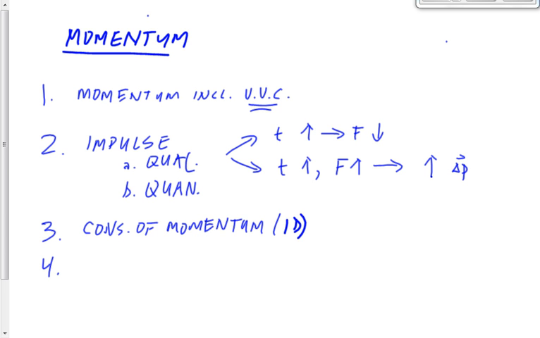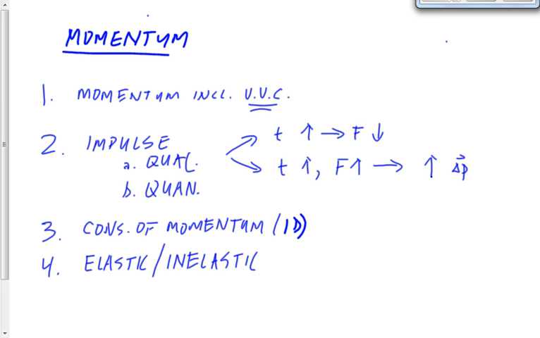Be able to solve conservation of momentum problems using P_i equals P_f in 1 dimension. Then we did elastic and inelastic collisions. Just remember that an elastic collision is when kinetic energy stays the same.